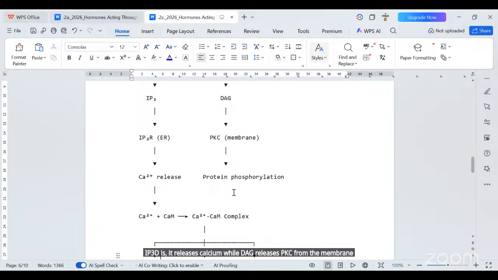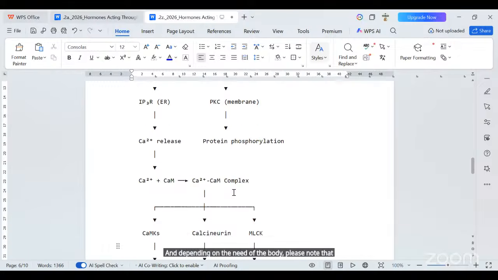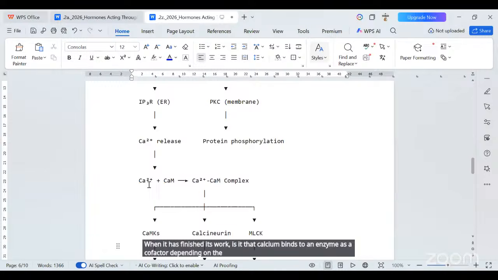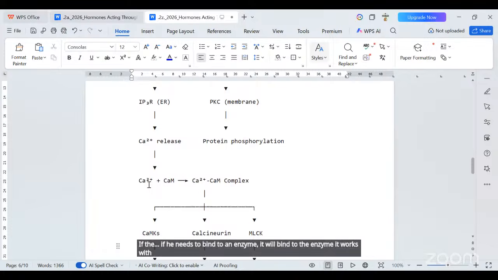And depending on the need of the body, please note that in bold capital letters, depending on the need of the body, calcium binds to the calcium calmodulin complex. When it has finished its work, either calcium binds to an enzyme as a cofactor, depending on the need of the body, it will bind to the enzyme it works with and work as a cofactor.